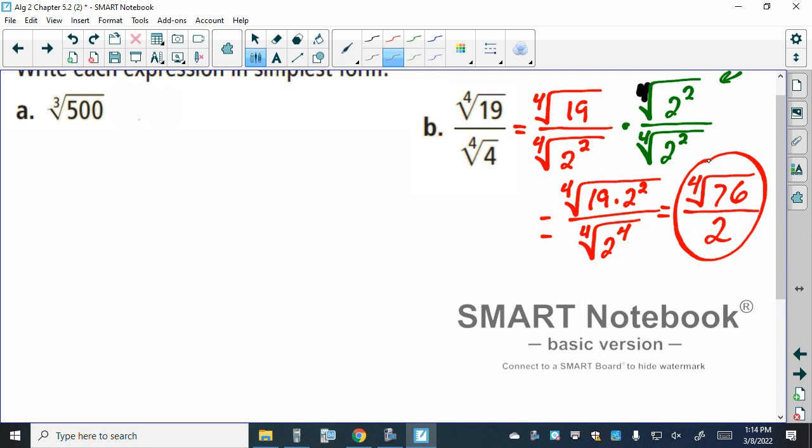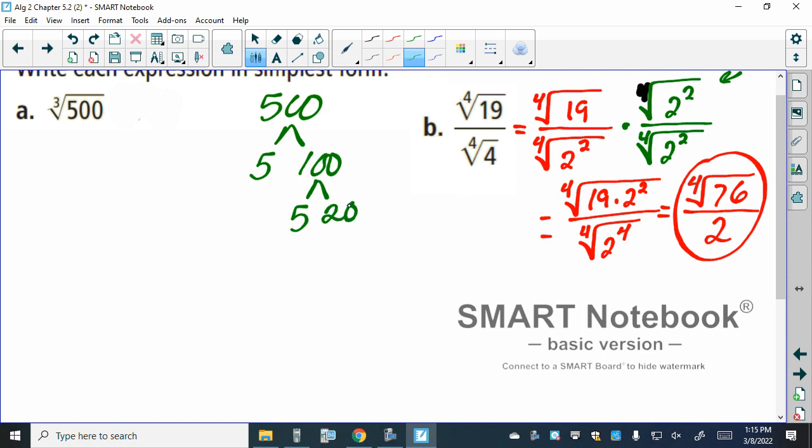Well, we can go back and look at A. Well, 500 does not have a perfect cube. But we can look at the factor tree. And well, we don't know that 5 will work. 5 will still work with 100.